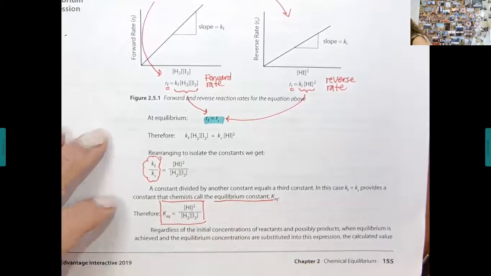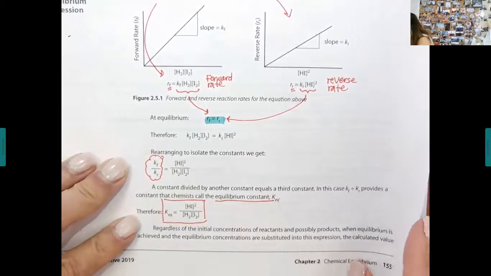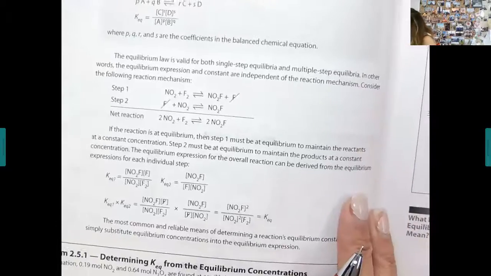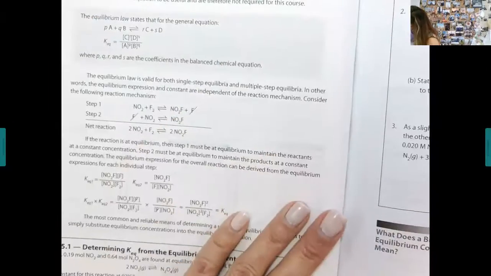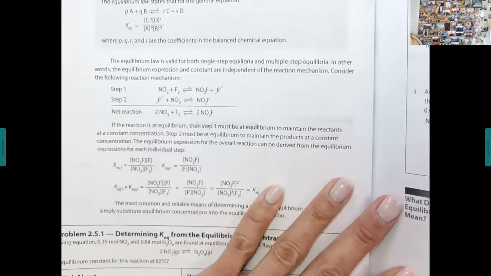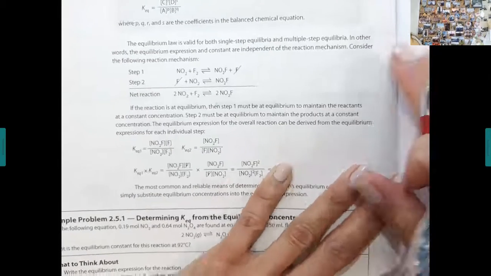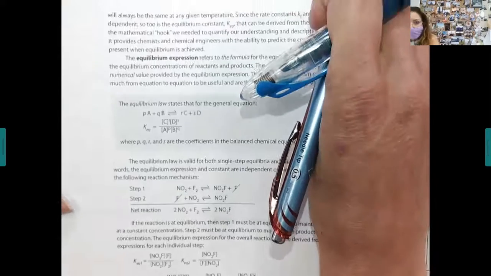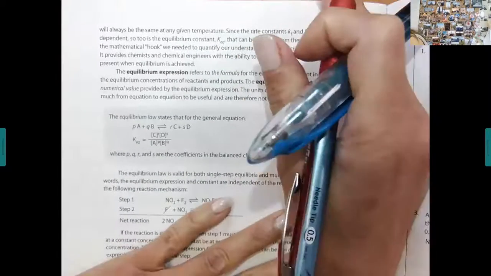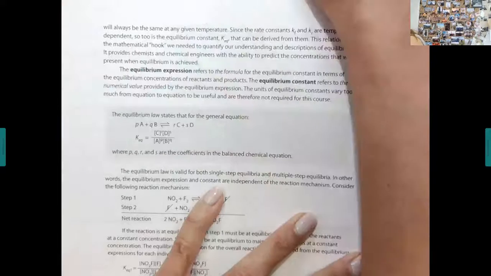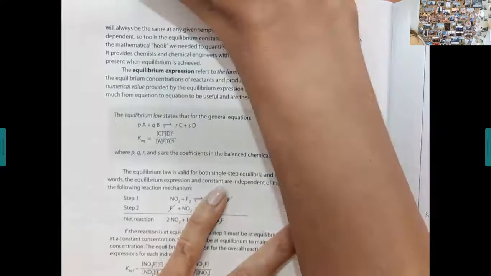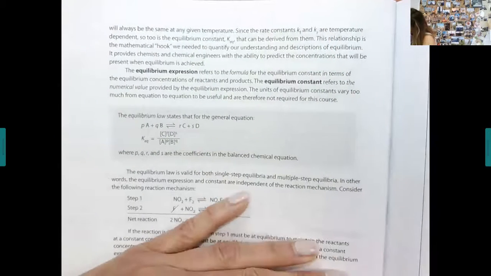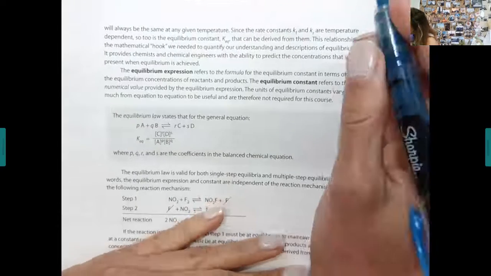And if we go on to the next page, regardless of what the initial concentrations of reactants and products are, when equilibrium is achieved, the equilibrium concentrations can actually be substituted into that equation, and you can use them to calculate the value of KEQ, okay? And it'll be the same at any temperature.